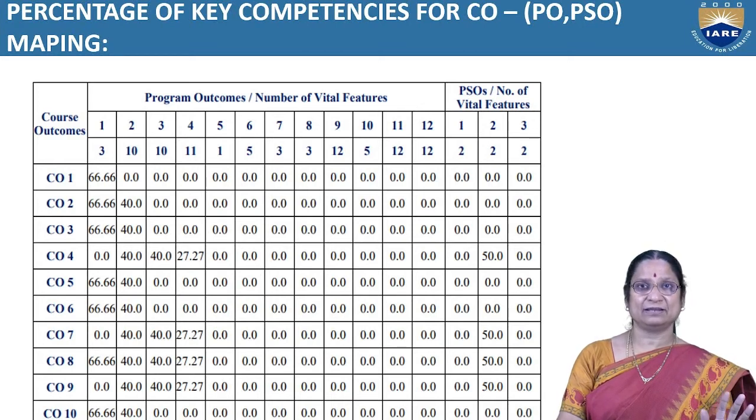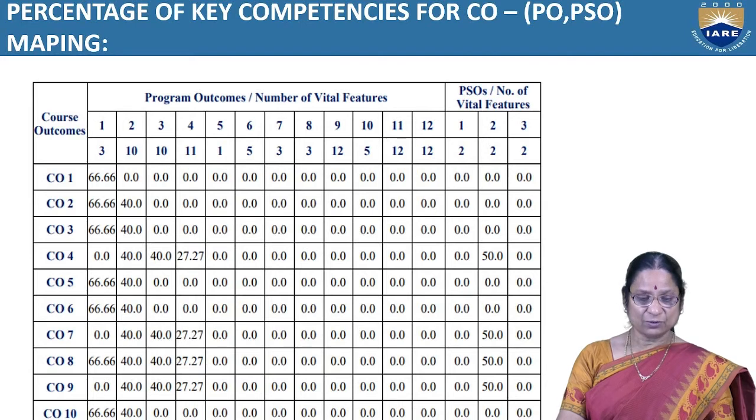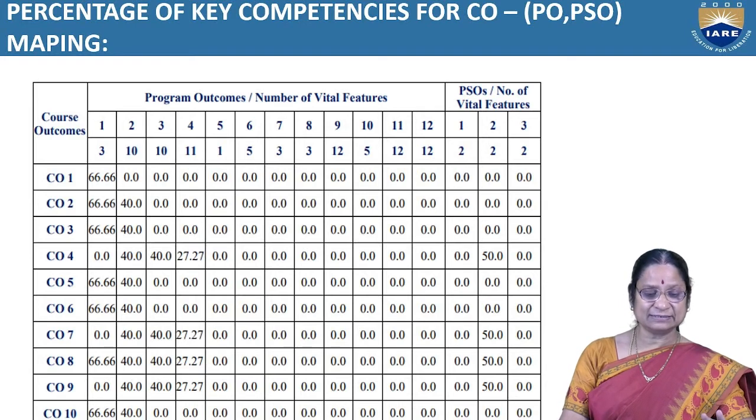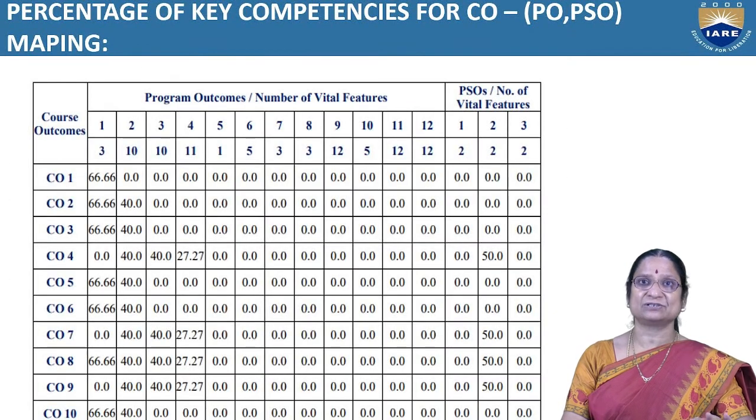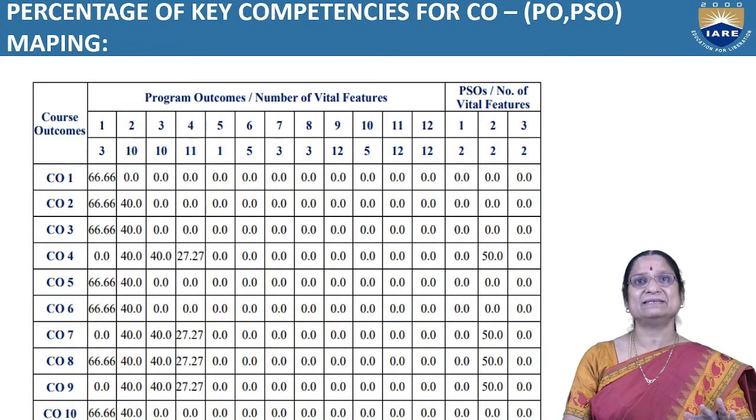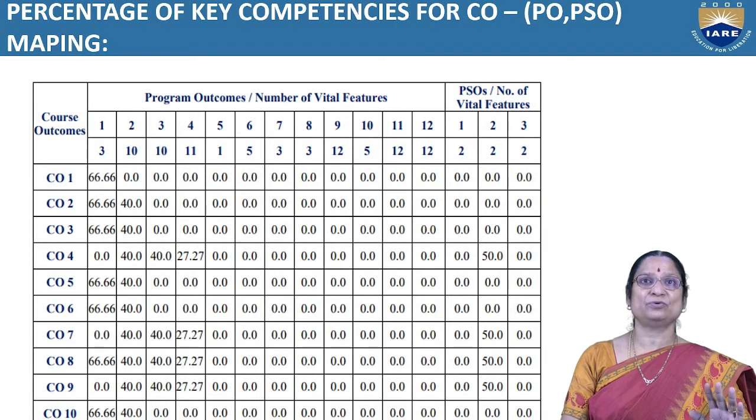Now in this table, we are finding the strength based upon the percentage of mapping. That is percentage of key competencies mapping between CO and PO. Previously, number of vital features. Here, percentage. This percentage is calculated based upon the highest number of vital features available to the respective PO.